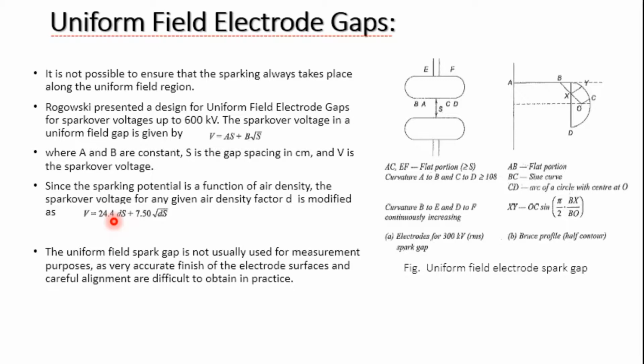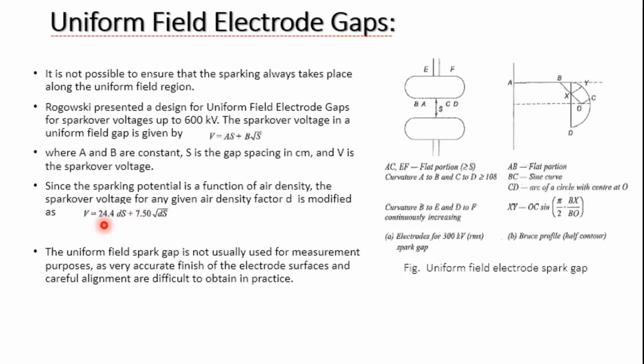Since the sparking potential is a function of the air density, the spark core voltage for any given air density factor is modified as V is equal to 24.4 into d S plus 7.5 root of d S. That's nothing but substituting the values of A and B. So this is the equation.